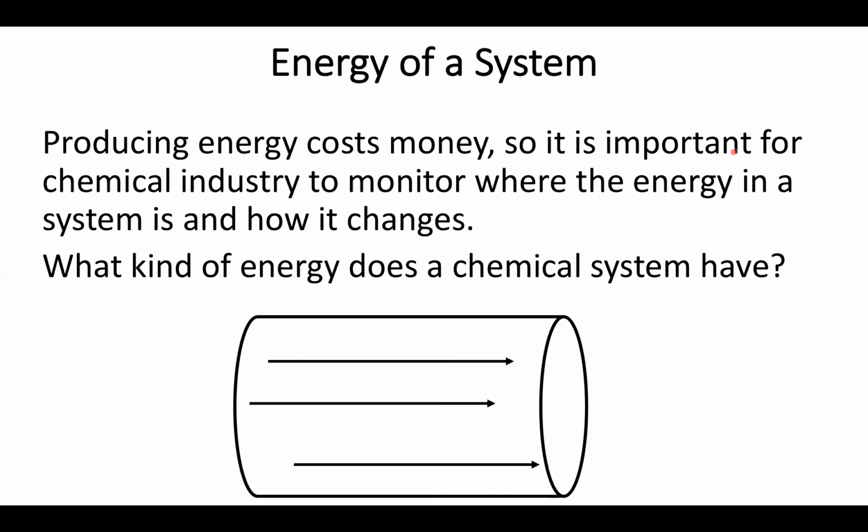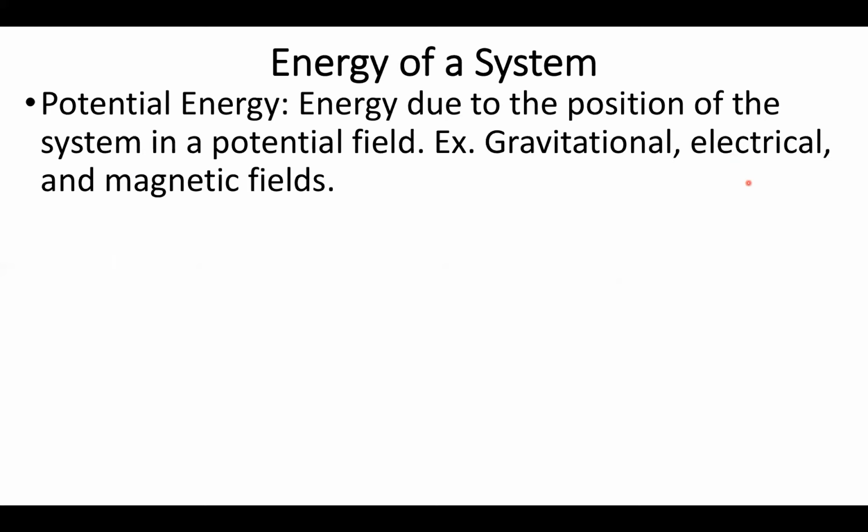So this is going to be the same sort of things you've covered in other chemistry classes, just with slightly different terminology. The first of which is going to be potential energy. This is essentially due to the position of the system in some sort of potential field. The big ones here are going to be gravitational energy, electrical energy, and magnetic energy.